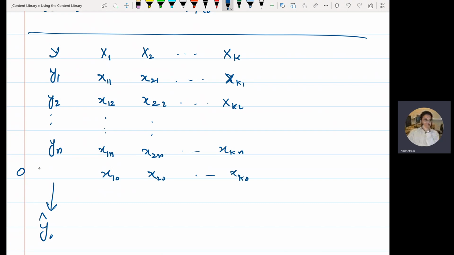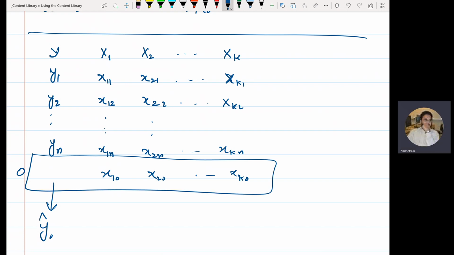You will be given all of this, and based on this, you will be asked to predict this single value Y naught. Clear?